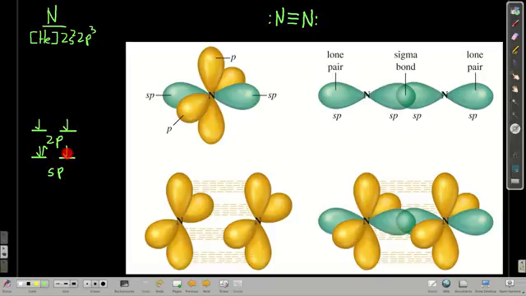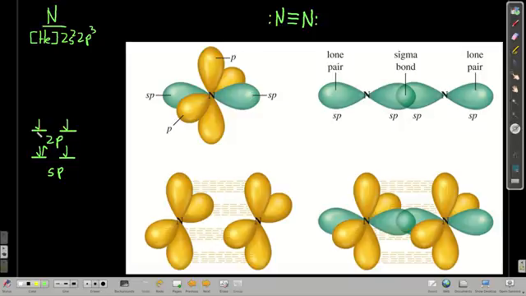This unpaired electron here is going to go into making the sigma bond of the triple bond. It's going to overlap with the same electrons on the other nitrogen atom. This is one nitrogen, there's the other nitrogen just like this. So we get an sp on this nitrogen, that has one electron in it, overlapping with an sp orbital on this nitrogen, which also has one electron in it, to form a sigma bond. Right there, just like this.